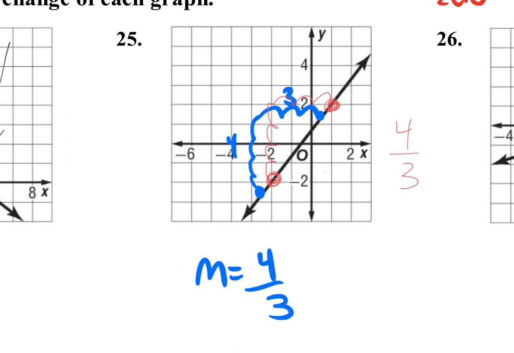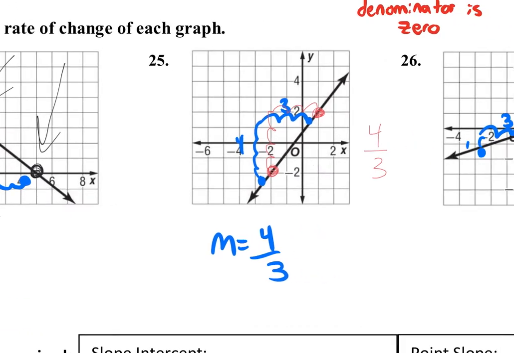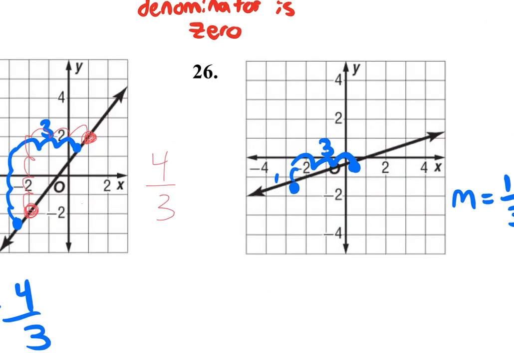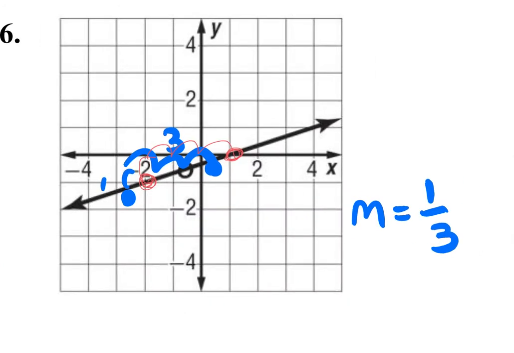I don't know how my drawings got off there. Happened on that one too. So here we'd have a whole crossover. Here's a whole crossover spot. Up 1, 1, 2, 3. To get that rise over run is 1/3.